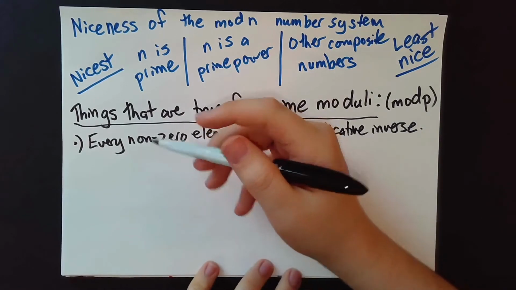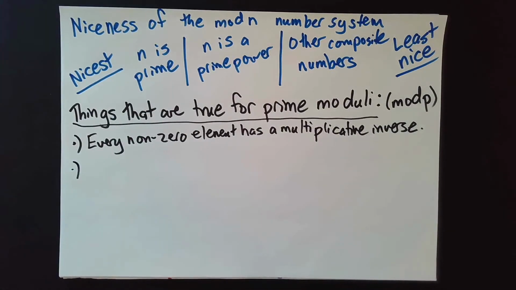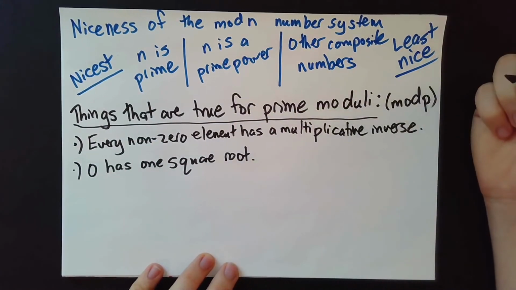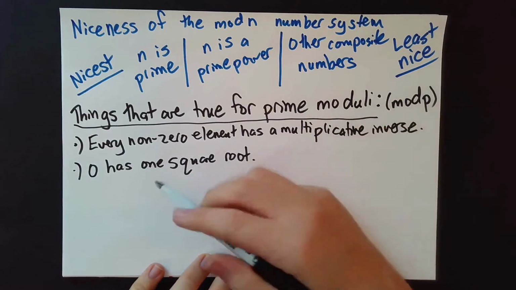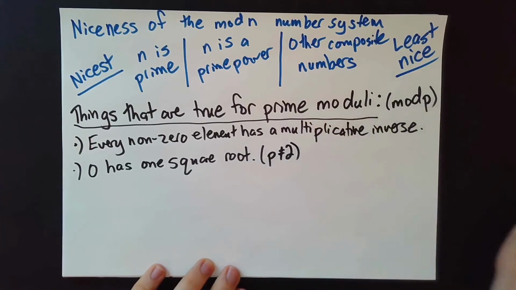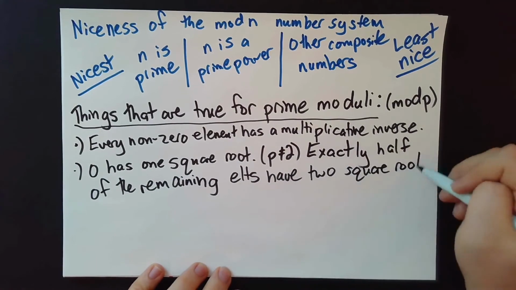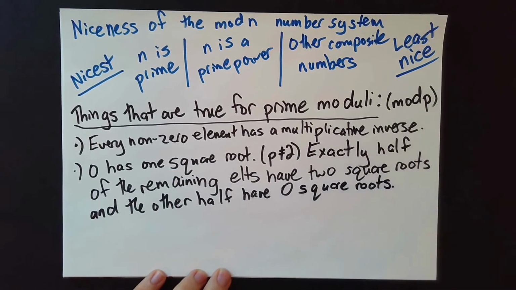Now, another thing we talked about that works a lot like the real numbers is square roots. Modulo a prime, it is true that 0 has one square root, namely 0, because 0 squared is 0. And then exactly half of the remaining elements, where p is not 2, have 2 square roots, and the other half have 0 square roots.